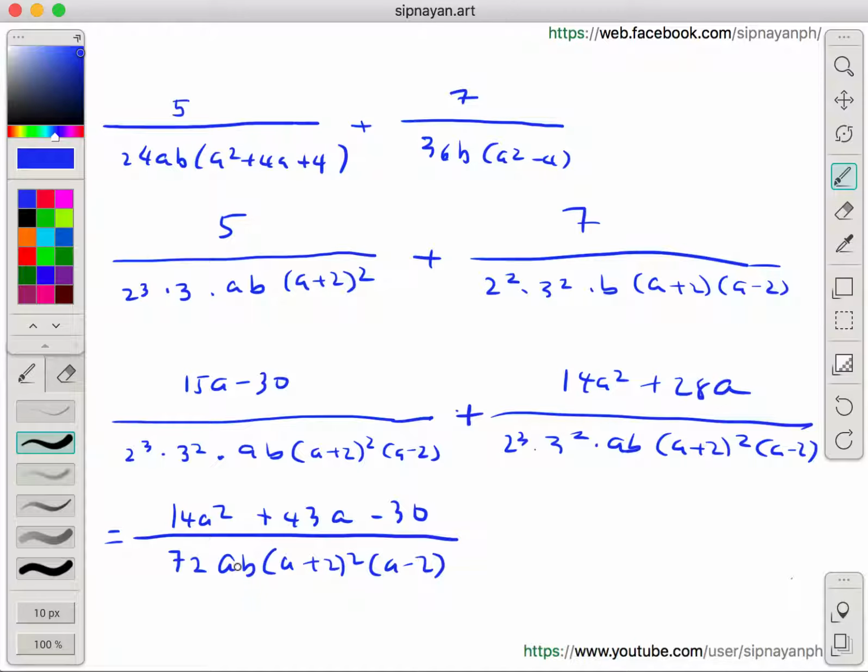Pero I think, in most books, hindi na nila yan sinisimplify. If I were your teacher, kung 5 points yan, you're going to get 5 points kahit hindi na siya naka-expand. So, depende sa teacher niyan, maganda tanungin niyo, kasi prerogative yan ng teacher. Okay, so sa akin okay na ito, and I think sa maraming teacher.